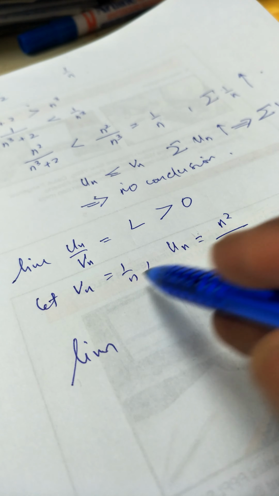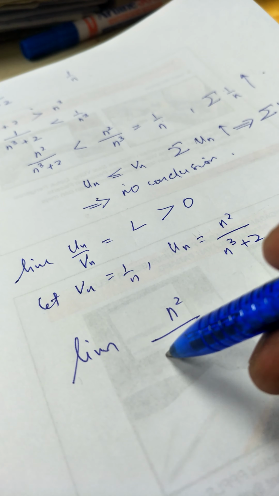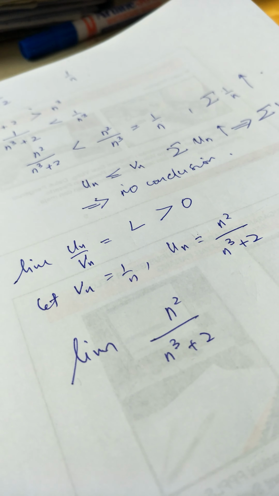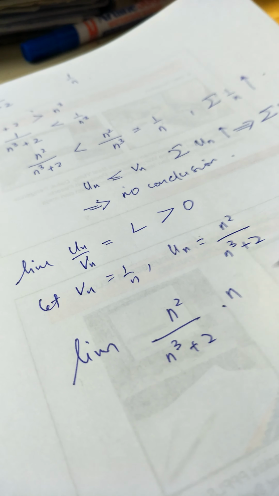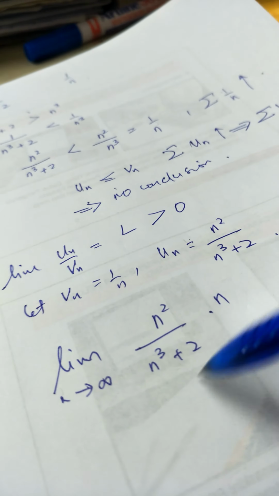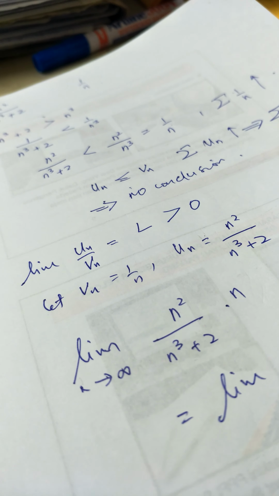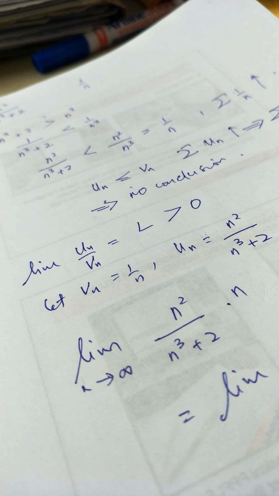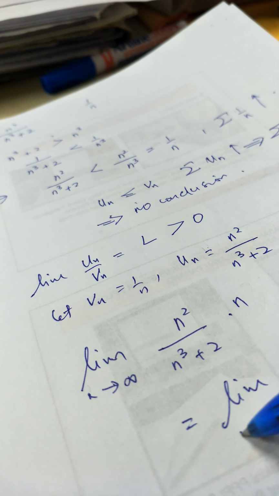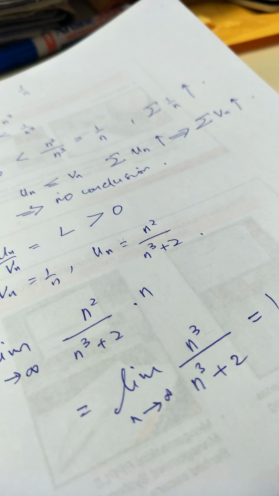So we have un over vn, so n squared over n cubed plus 2 over that, with n going to infinity, so we have the limit of n cubed over n cubed plus 2, n goes to infinity. So this gives you 1, which is positive.